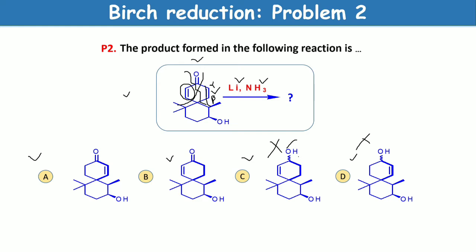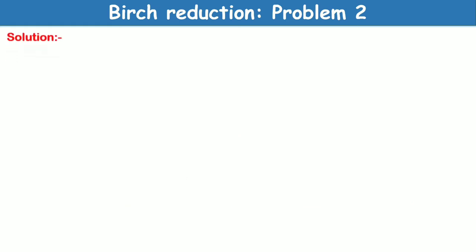And to know what is the reason behind the selectivity, the mechanism of this reaction has to be considered. So far as the mechanism is concerned, in the first step this molecule in presence of lithium, and lithium is basically involved in a single electron transfer process.